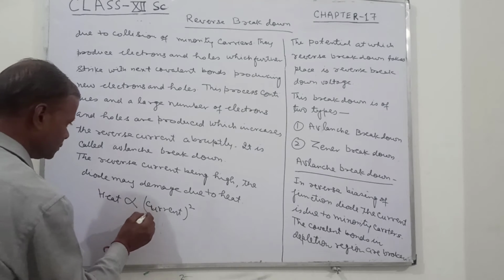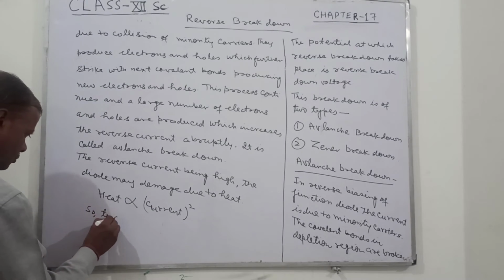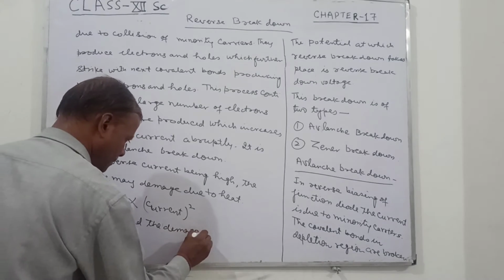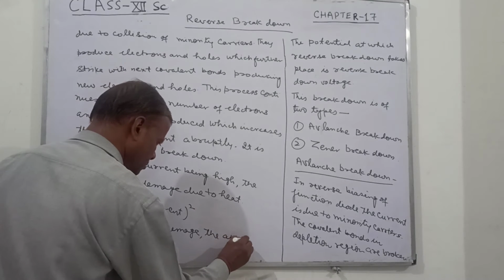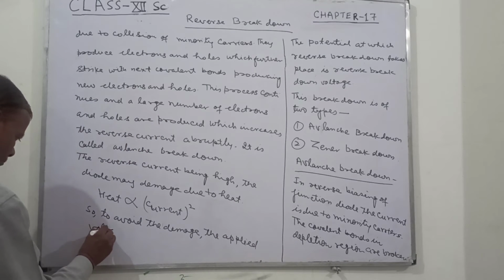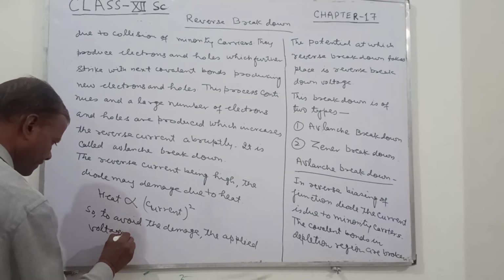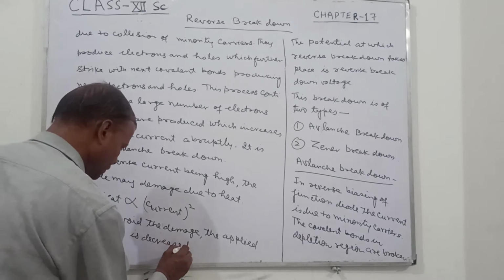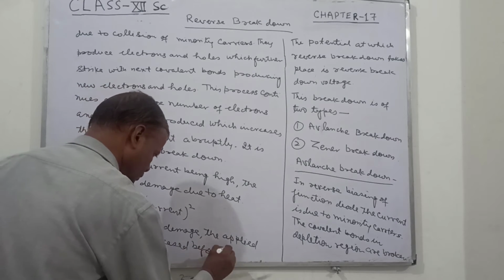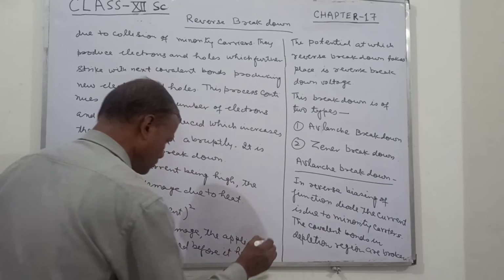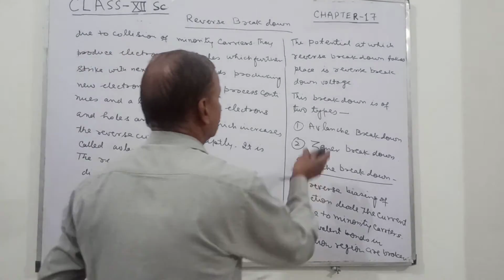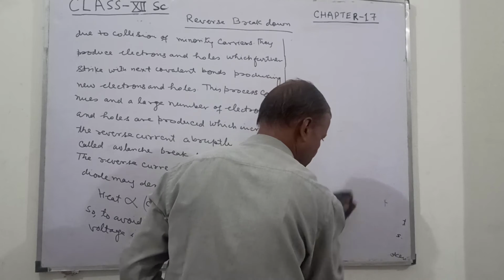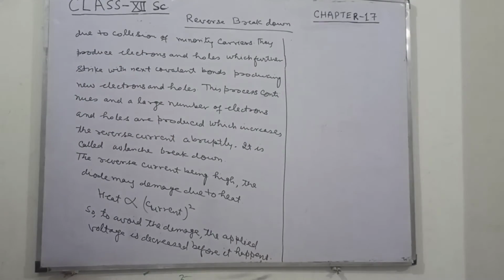So to avoid the damage, the applied voltage is decreased before it happens. Now this is the avalanche breakdown.